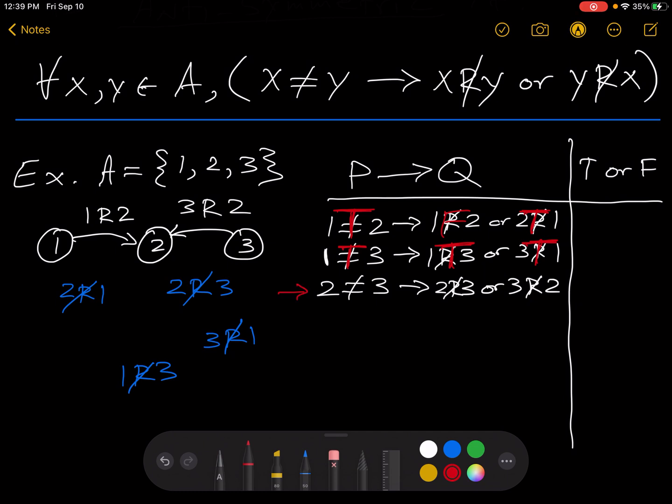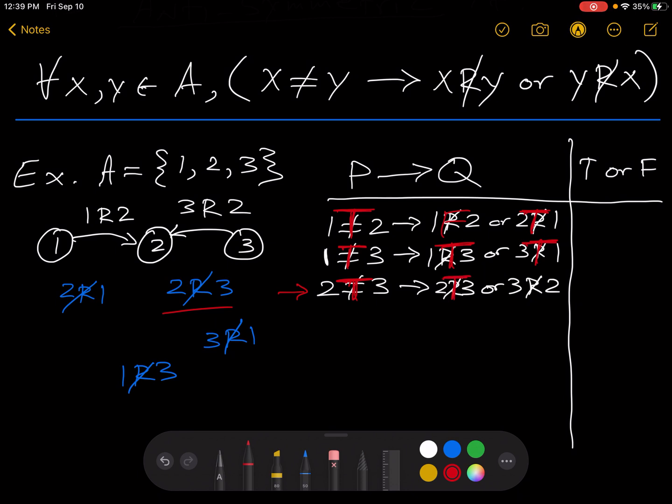Now moving down to the next row, 2 is not equal to 3. Well, we know that's true. Now 2 not related to 3, that's right there, so that's true.